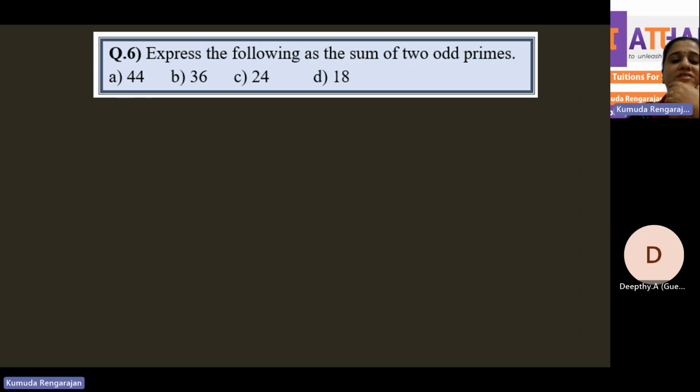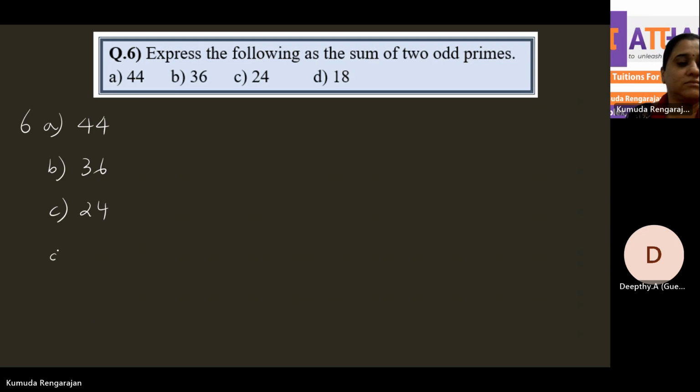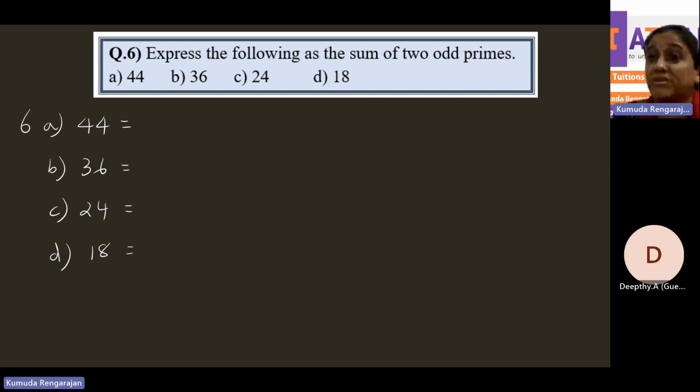Express the following as a sum of two odd primes. You must take two prime numbers, both must be odd. If you add, you must get 44. If you add, you must get 36. Some other two numbers, if you add, you should get 36, like that.